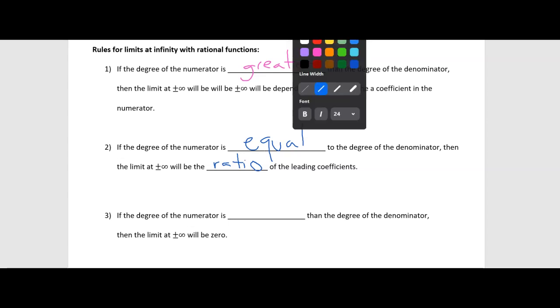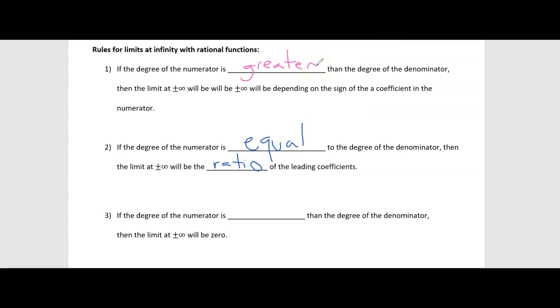And case number 3, if the degree of the numerator is less than the degree of the denominator, then the limit at positive or negative infinity will be 0. For these last two cases, this is where the functions also have horizontal asymptotes at those values.